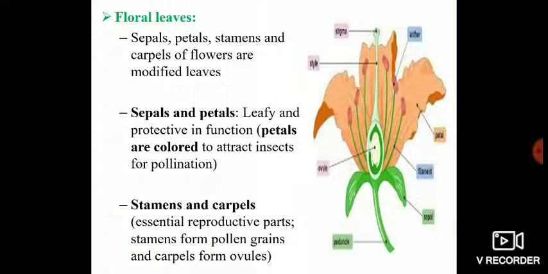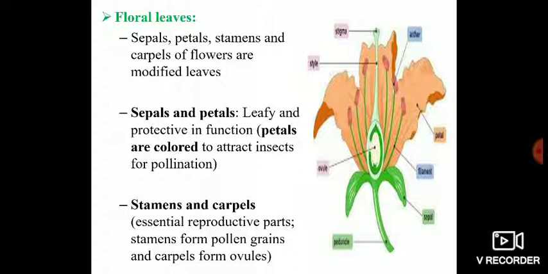Then finally we have the floral leaves of flowers. In flowers, you know that we have sepals, petals, stamens and carpels. These all structures are actually the modified products of leaves. The outer two whorls, sepals and petals, which are leafy and protective in function, are the non-essential whorls.